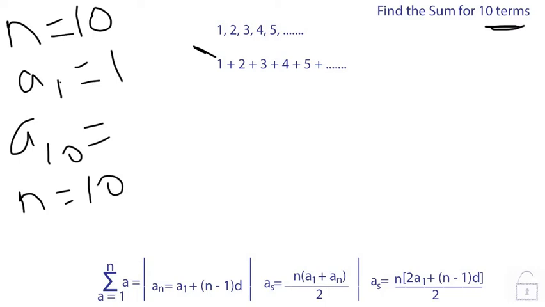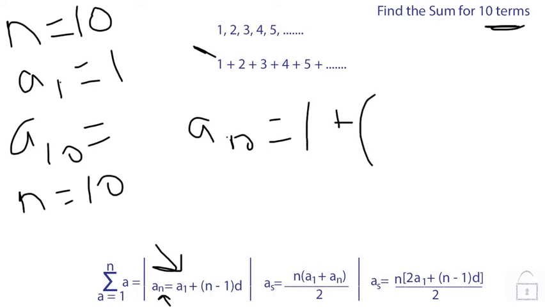Right, now to find a sub 10, we need to plug it into this formula. And you can replace this n right here with the 10, so we get a sub 10 is equal to a sub 1, which is 1, plus the quantity n minus 1, and we know n is 10, so it's going to be 9, because 10 minus 1 is 9, and then d.